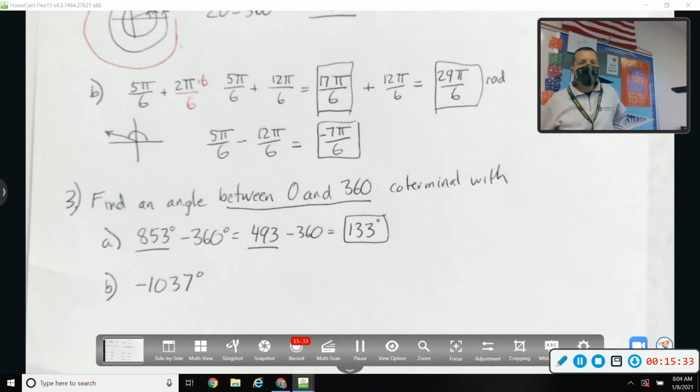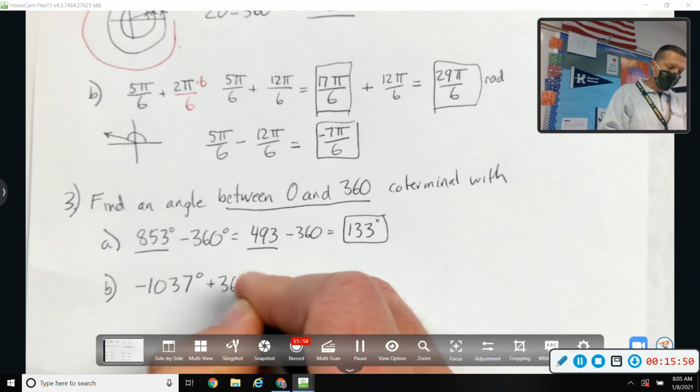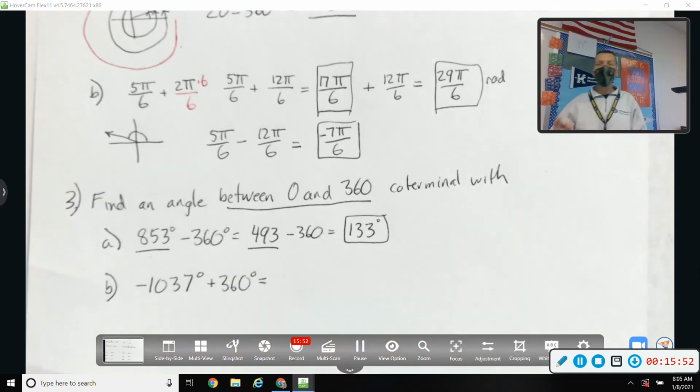All right, how about a coterminal angle with negative 1037? How in the world am I going to do that? Let's add 360. Right? I could subtract 360 and get a coterminal angle, but I'd be heading in the wrong direction.